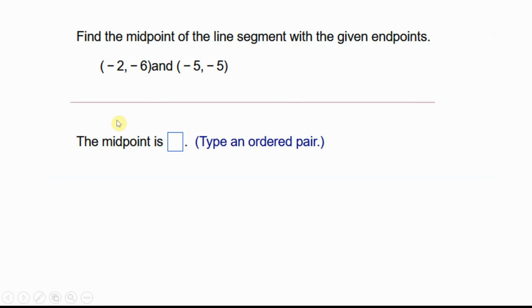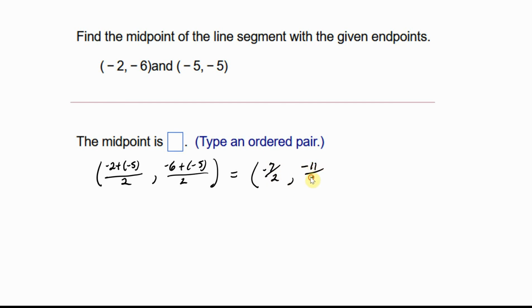So here the midpoint would be this -2 plus -5 divided by 2, comma, -6 plus -5 divided by 2. And so this is -7 over 2, comma, -11 over 2. So that's it.